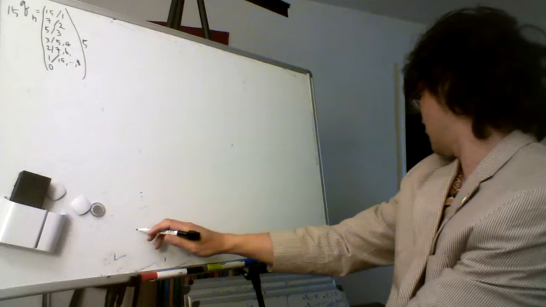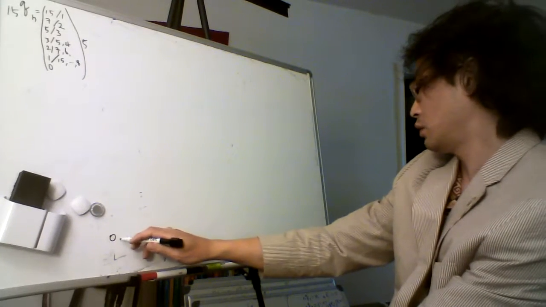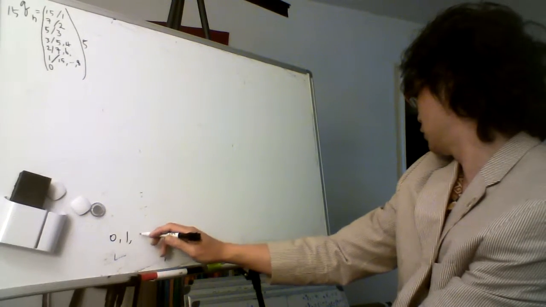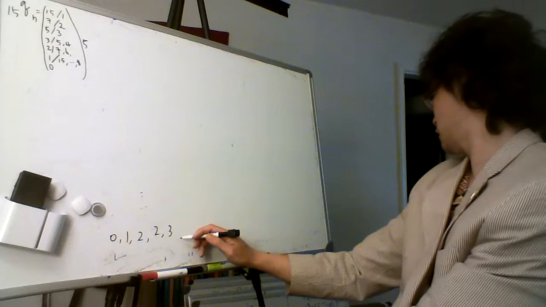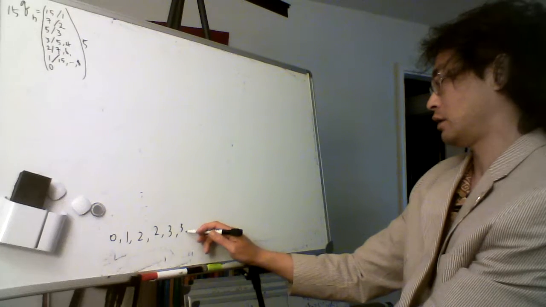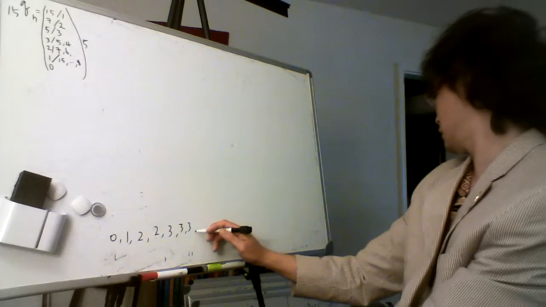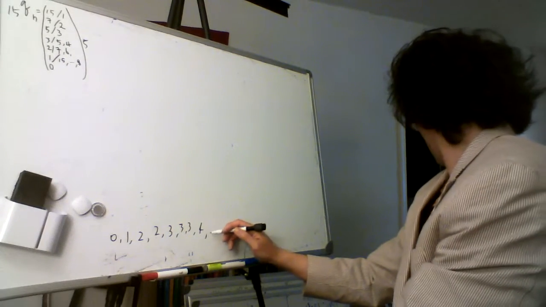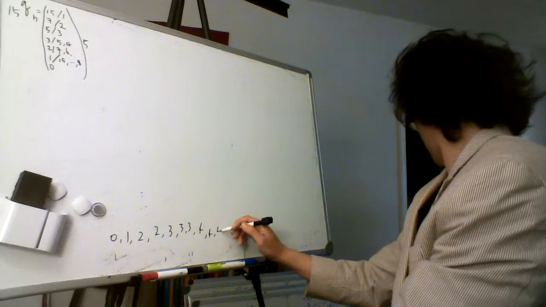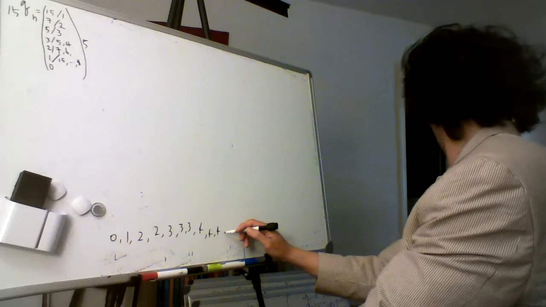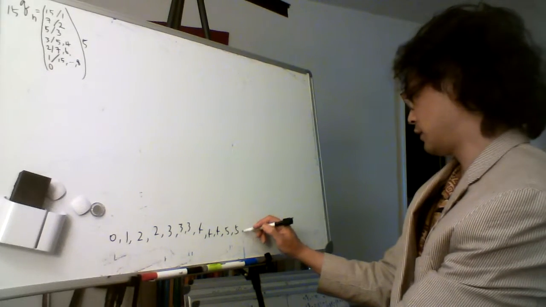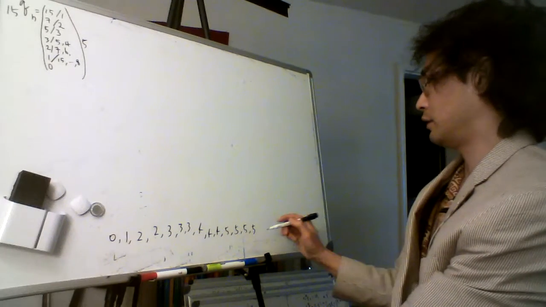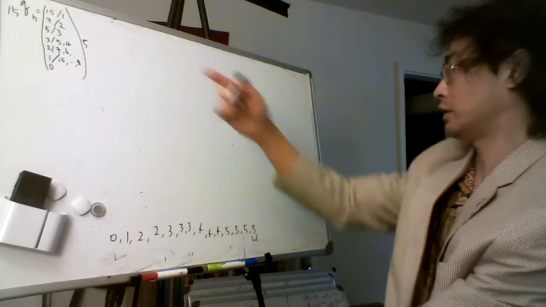We have 0, 1, 2, 2, 3, 3, 3, 4, 4, 4, and then 5, 5, 5, 5. This is where we are at, right there.